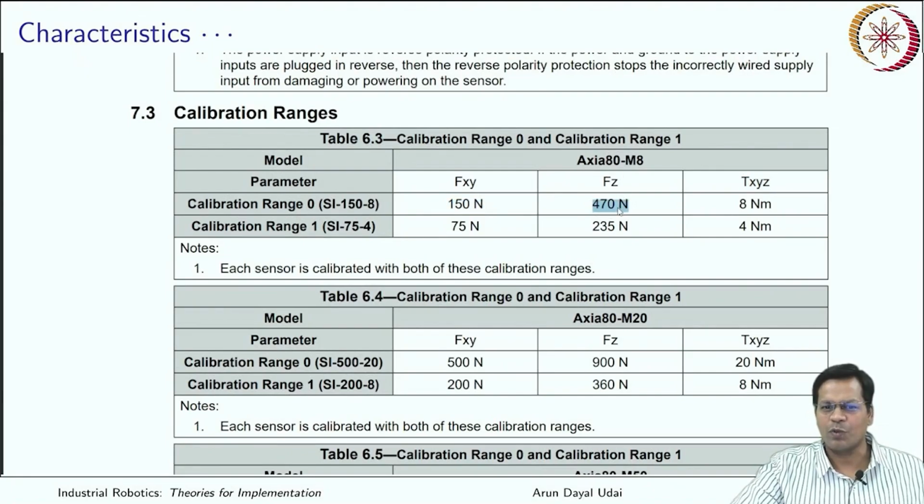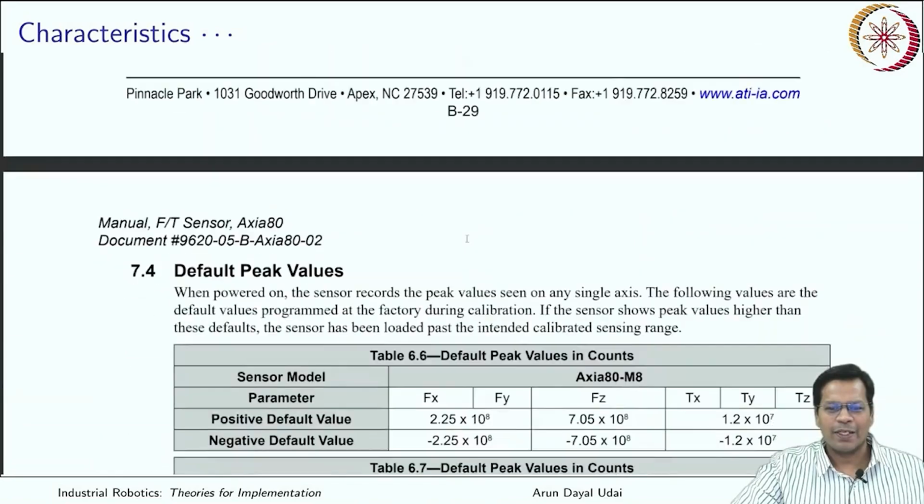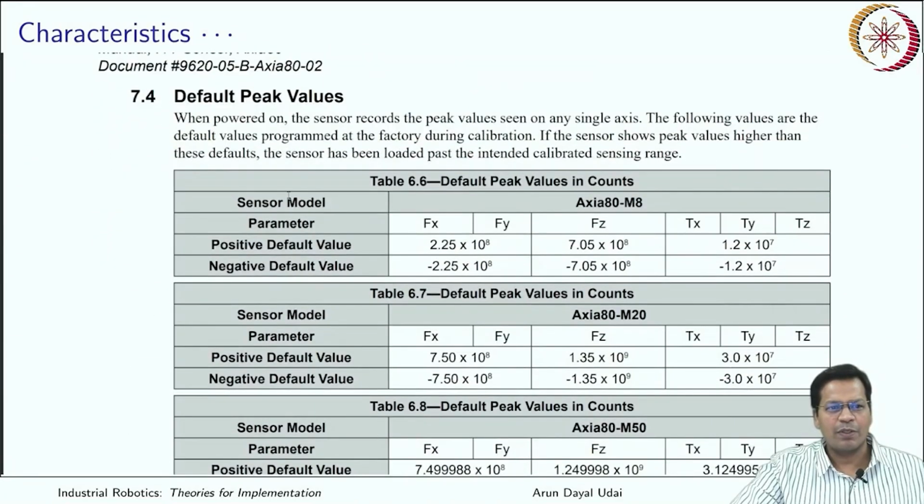Along the z axis it has a higher value, whereas along the x and y axes it can take less force. There must be some default peak values. If it is a regular force it is measuring, that is fine, but how much is the peak that is encountered when it meets any sort of accident.